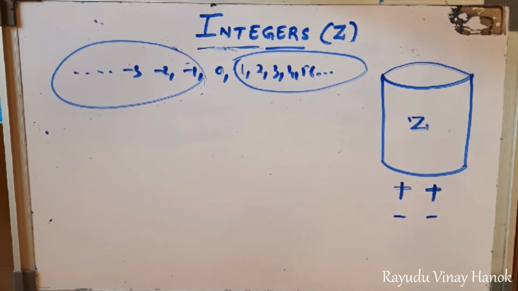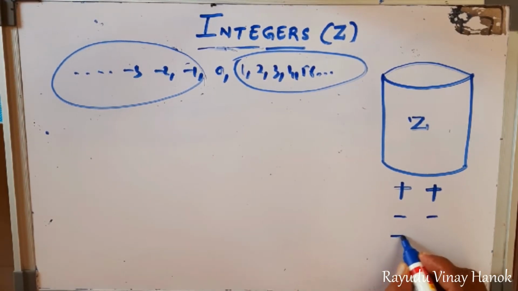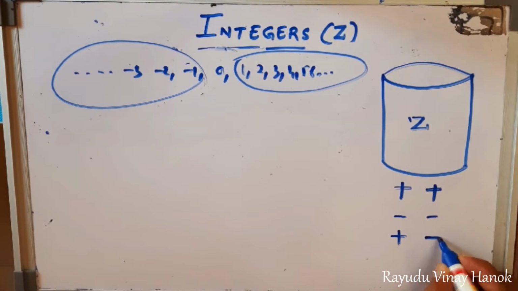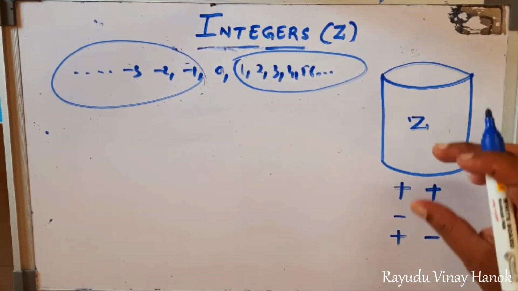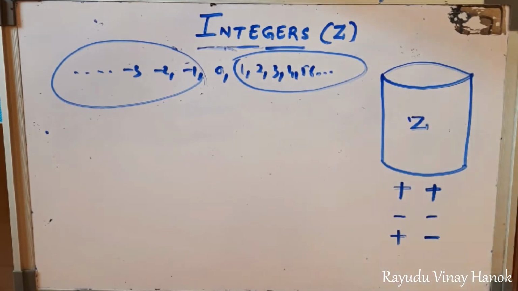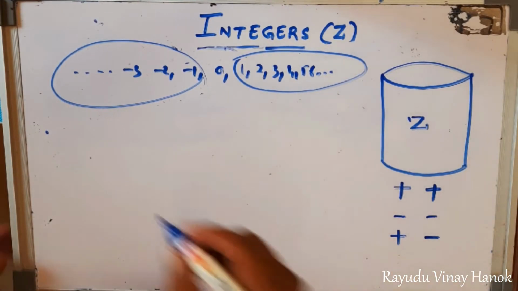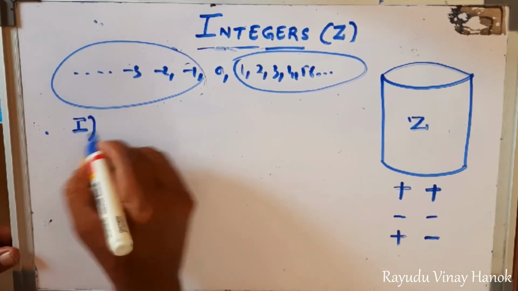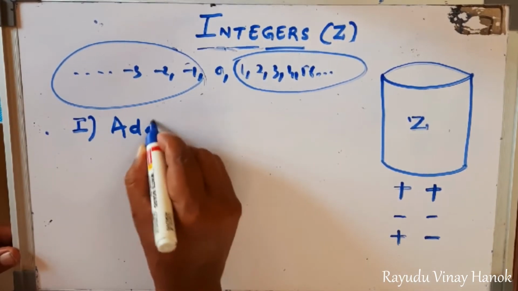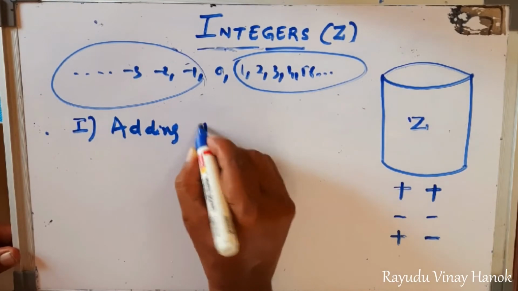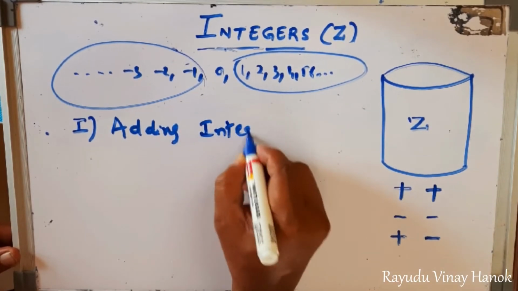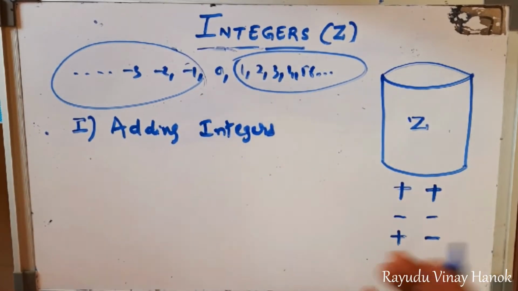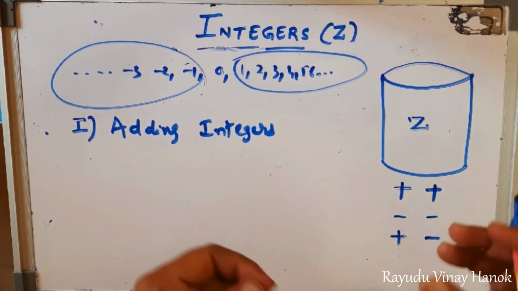And the third chance is you may get 1 plus number and 1 minus number. So these 3 cases may arise whenever you pick 2 numbers out of it. So my first operation is adding integers.